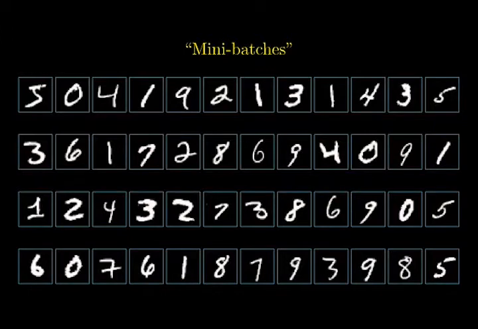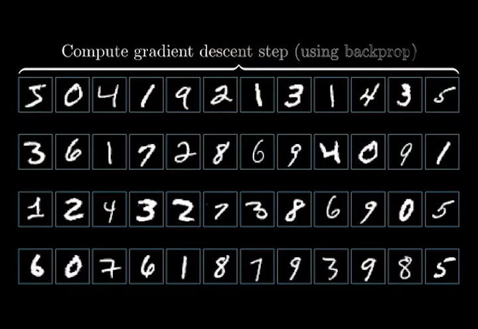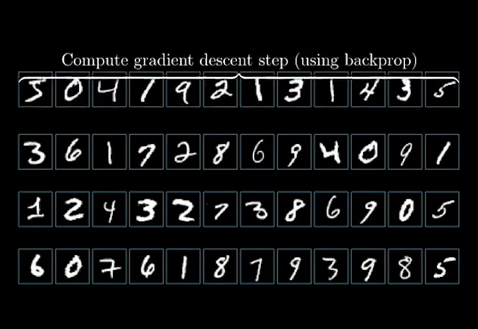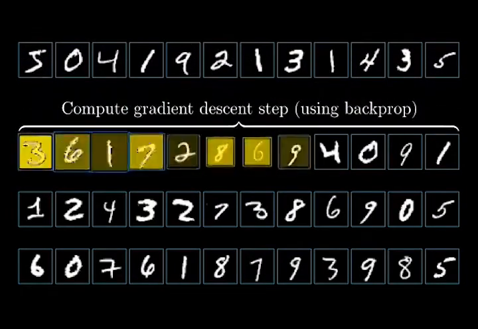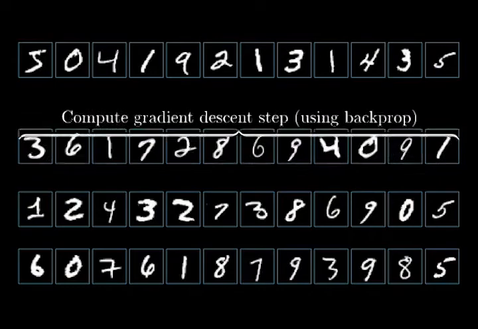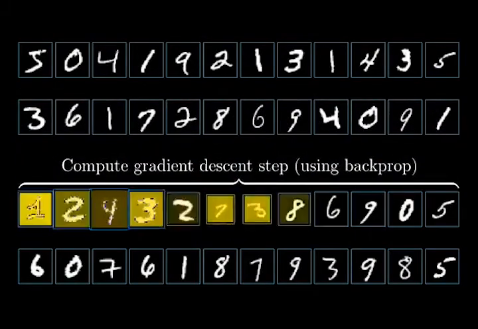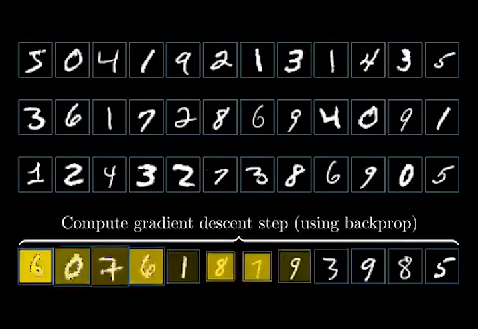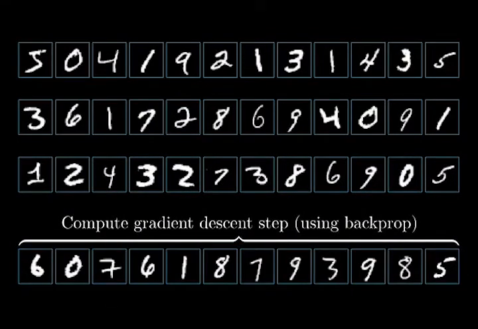Then you compute a step according to the mini batch. It's not going to be the actual gradient of the cost function, which depends on all of the training data, not this tiny subset. So it's not the most efficient step downhill, but each mini batch does give you a pretty good approximation, and more importantly, it gives you a significant computational speedup.